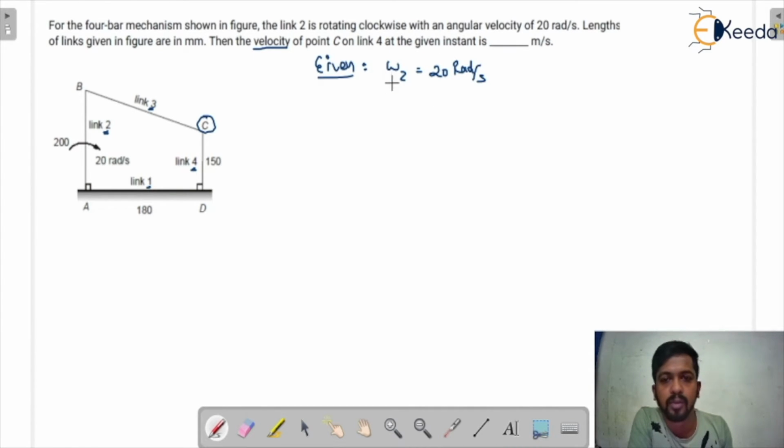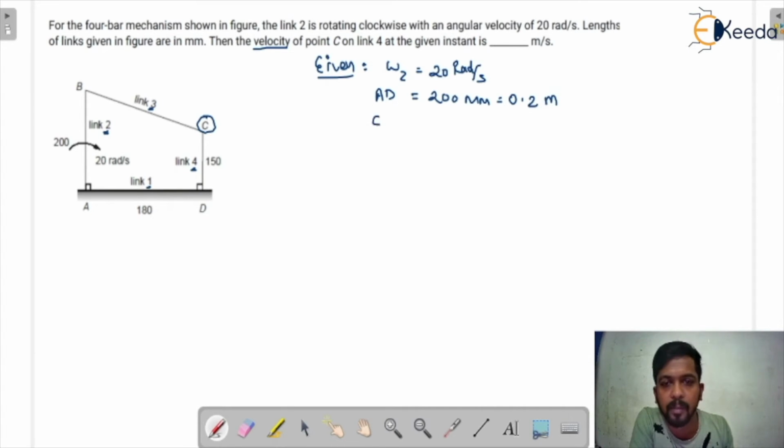Okay, so the given data is omega, and the length of each link, that is AD, is given, equal to 200 mm. I can convert it into meter by dividing by 1000, and you will get 0.2 meter.